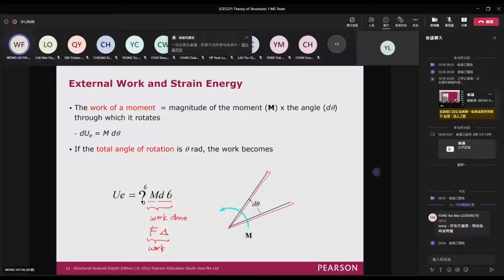We take the integration over the whole, integrating all the small parts. If we have the moment here and theta here, then integrating all of them, this triangular area, half M times theta, is the work done.